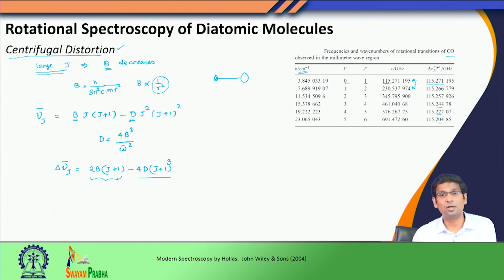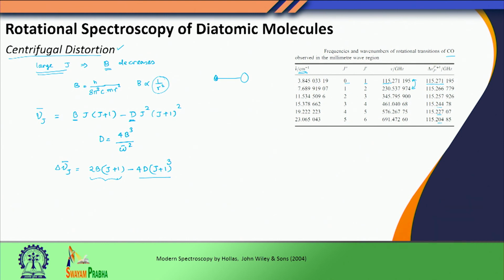We also discussed that although all transitions that satisfy delta J equals plus or minus 1 can show rotational transition, the intensity will depend on the population of the particular level, and this intensity became a complex function of one increasing contribution, because the degeneracy increases with increasing value of J. The other factor is the energy increases.